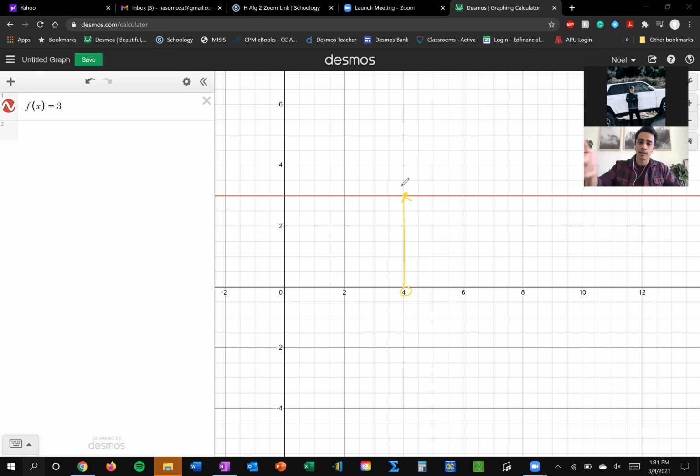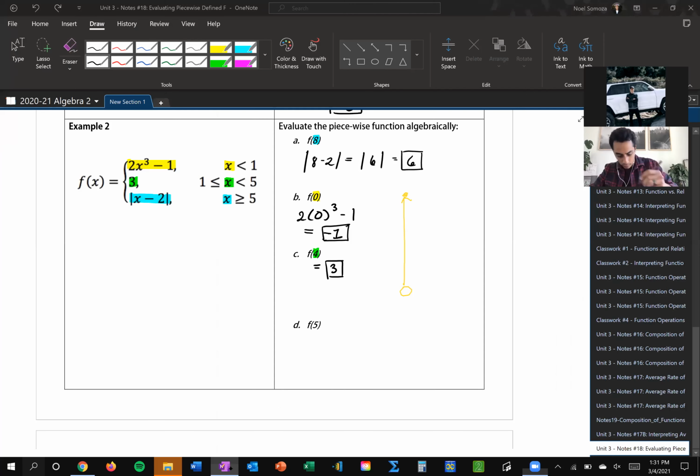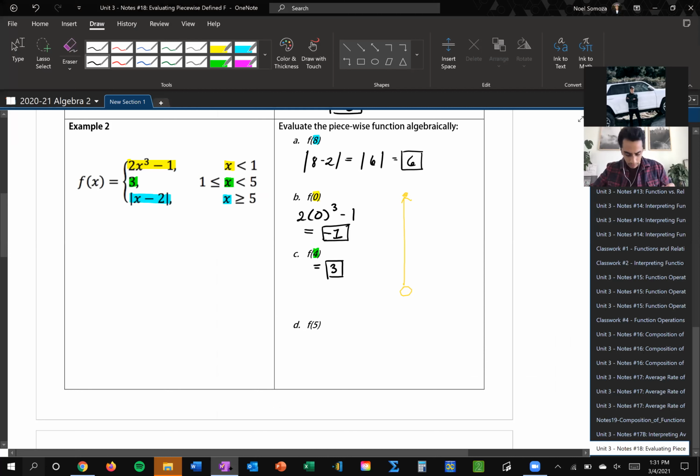The input does not get plugged in because the output will still always be 3 regardless. Sometimes that will happen, where you end up with a question where it seems like something's wrong because you didn't get a chance to input anything.